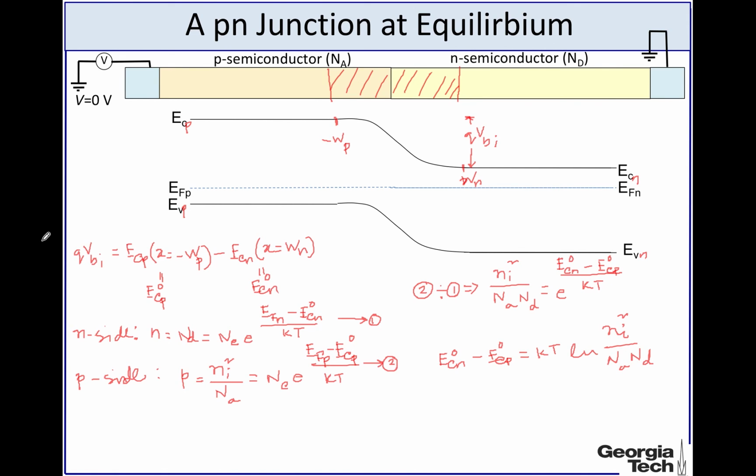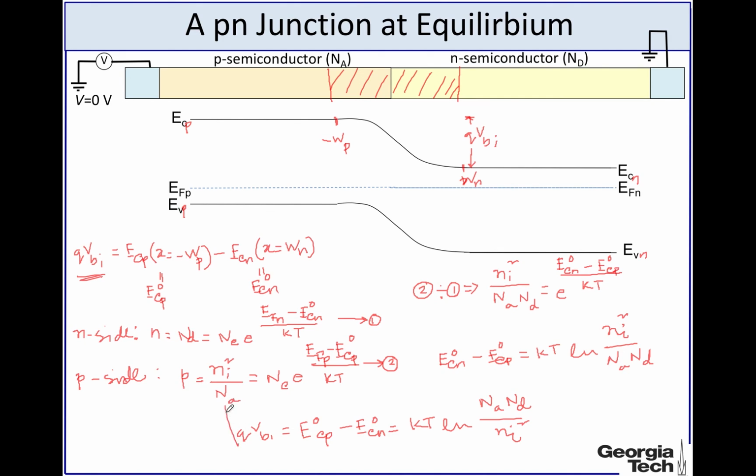So using this equation, QVBI equals ECP0 minus ECN0, and what we get is KT ln Na Nd over Ni square.